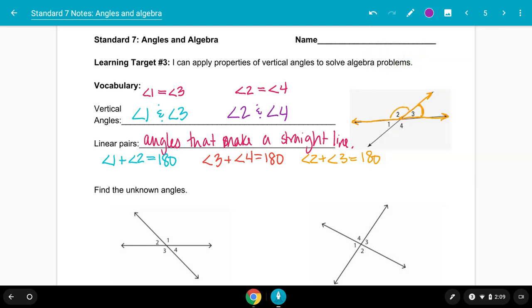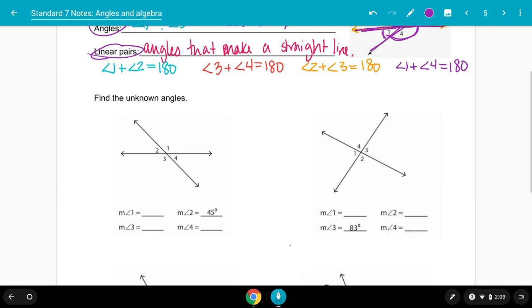Below that line, we have angle 1 and angle 4, and those also add to 180 degrees. These two sets of information about vertical angles and linear pairs are going to be really helpful for solving these next couple of problems.